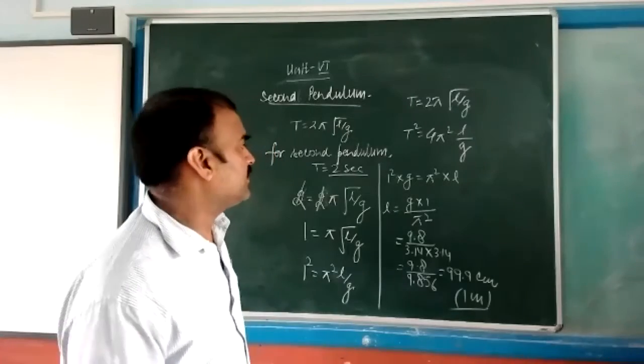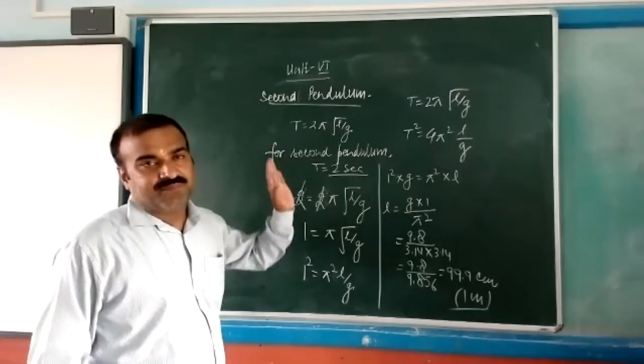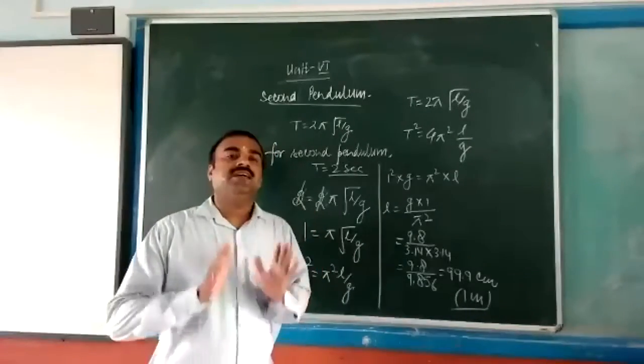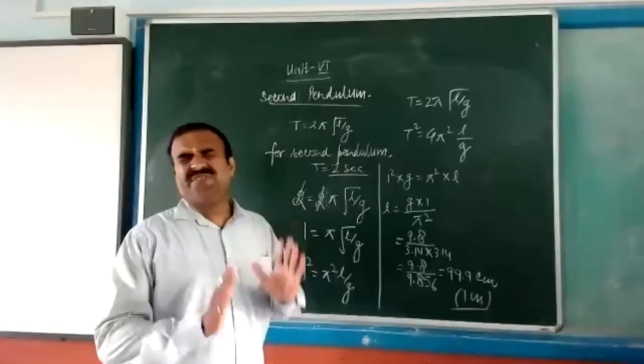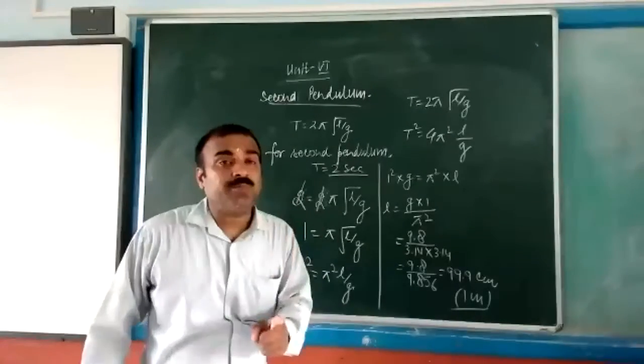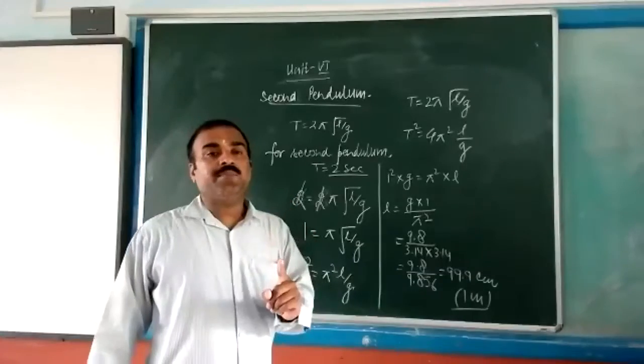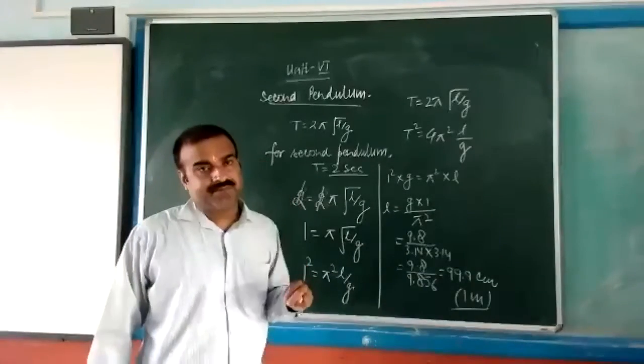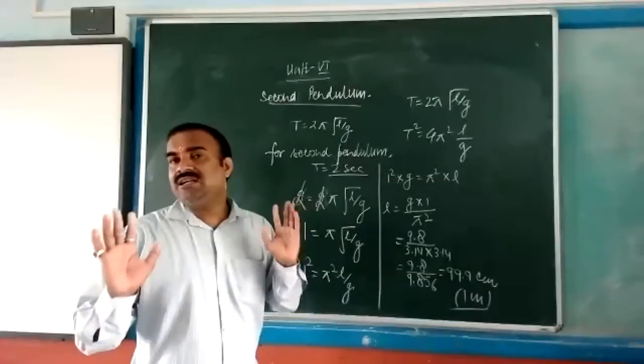I'm going to explain. Listen. Firstly, try to understand the definition of second pendulum. A second pendulum is that pendulum whose time period is 2 seconds. Try to understand each and every one.